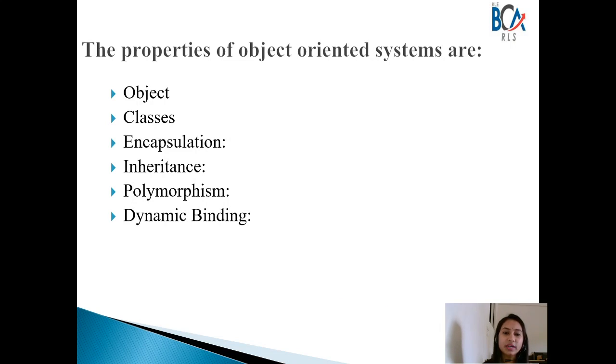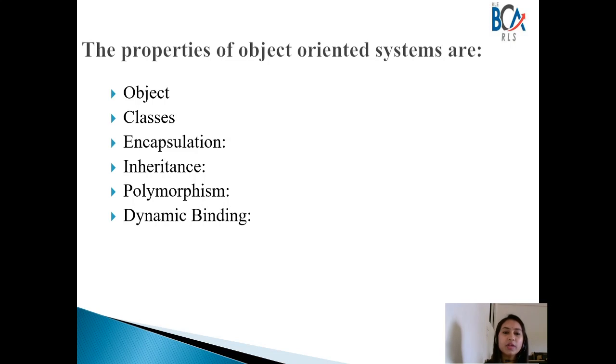First one is object. So object is basically an individual real life entity. Okay, and what is the class? So it is a fundamental building block for the object oriented systems. So a class is actually a representation of the real life object, and each class is made up of attributes or variables and methods that operate on the variables.